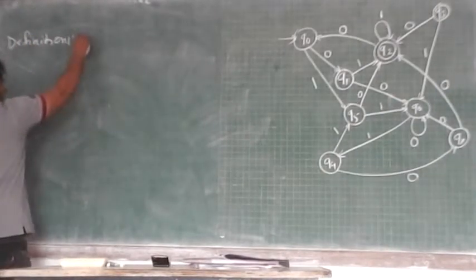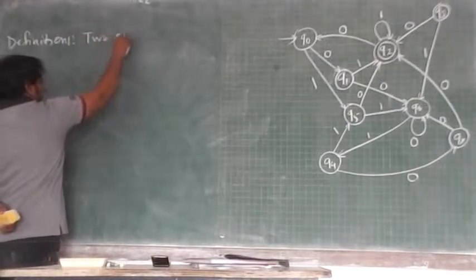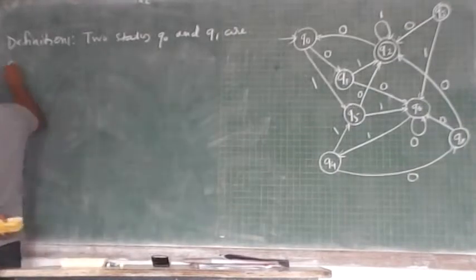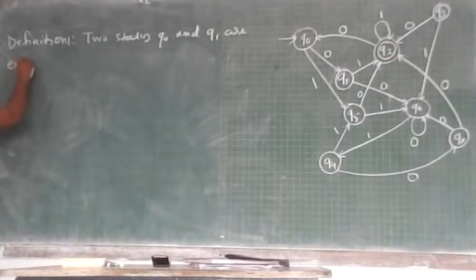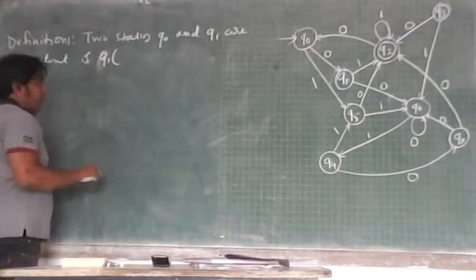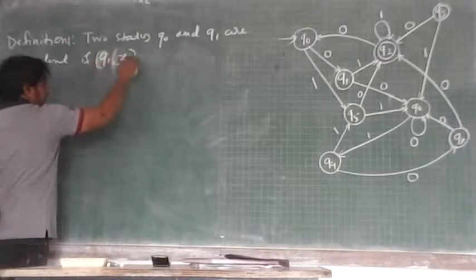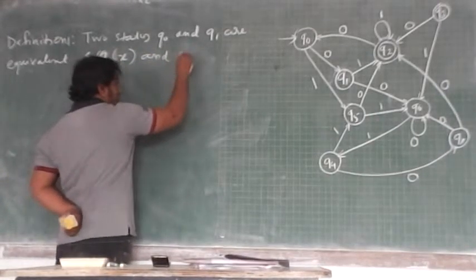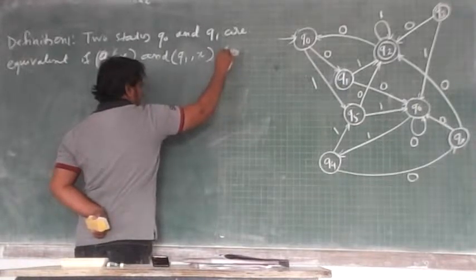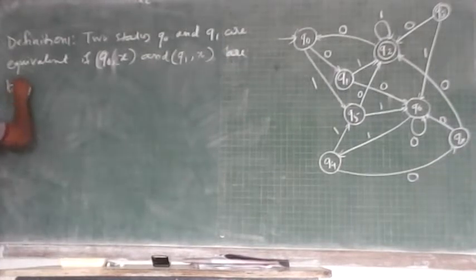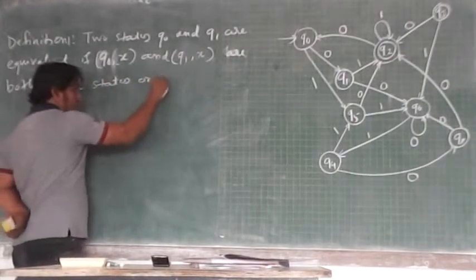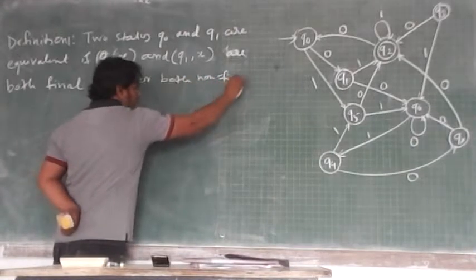Definition 1. Two states Q0 and Q1 are equivalent if Q0x and Q1x are both final states or both non-final states.